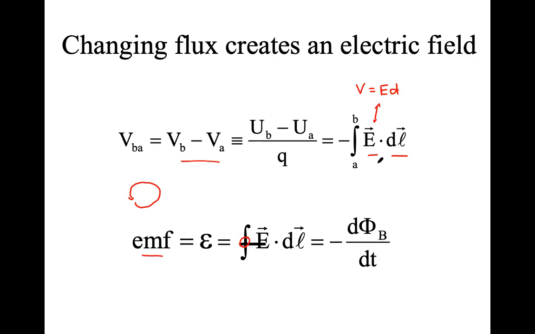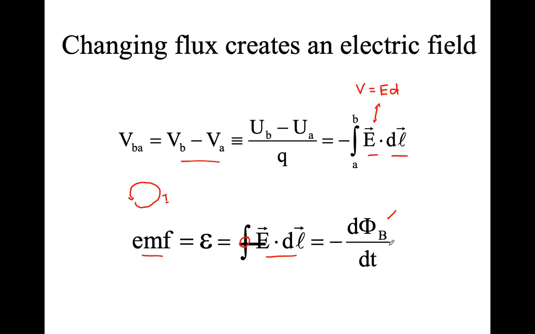Okay, and so I've just taken this and I've made these little circular paths where current was flowing, right? That's what I was drawing right there. And so I've got the integral of E dot DL is the electromotive force causing that current to go around. And that must be, according to Faraday's law, the rate of change of the magnetic flux that's being seen. Okay, and so we've put two laws together right here.